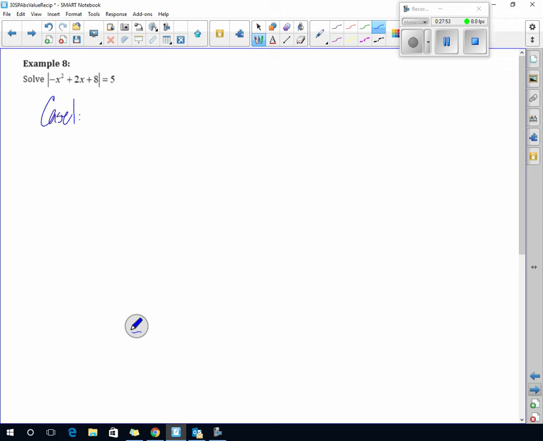So anyways, next, negative x squared plus 2x plus 8 equals 5. And case 2 is negative bracket negative x squared plus 2x plus 8 equals 5. There is restrictions. We just don't know how to solve it quite yet. So we're going to check our solutions to make sure.